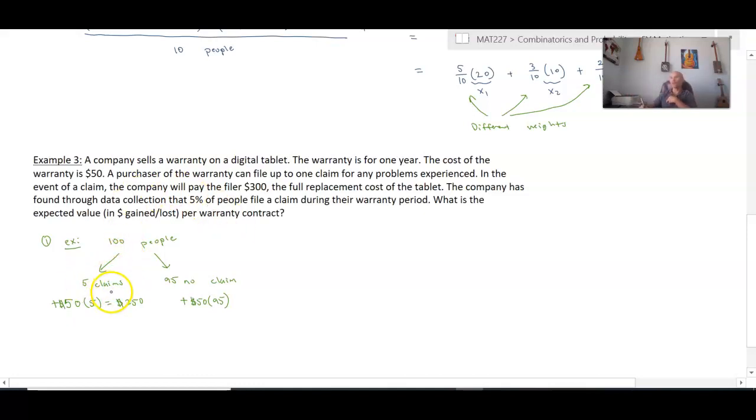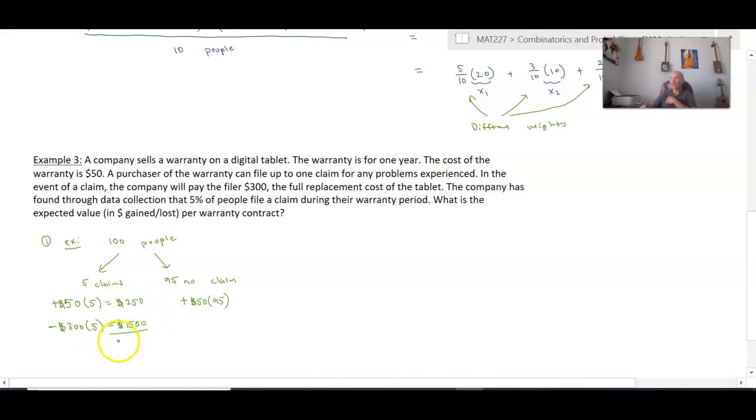However, for the 5 claims that were filed, the company had to pay out, they lost $300 on those 5 contracts. So they gained $250 from them, but they lost $300 from the fact that those claims were filed. So $300 times 5 people is $1,500. So they lost, let's still have that negative sign there, $1,500, and they only gained $250 from them.